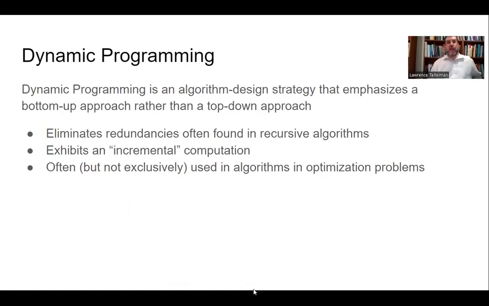Right, so what is dynamic programming? Dynamic programming is a response to what we generally call top-down programming, which includes recursive code. So recursive code is often top-down, right? You start with the n case and you do the n over 2 case or the n-1 case, and you work your way down, right?